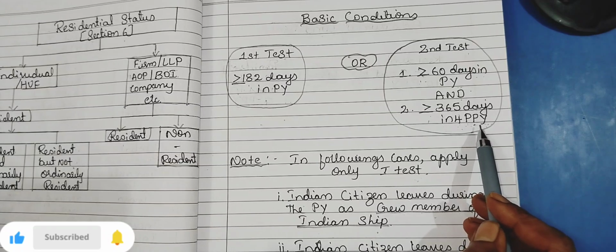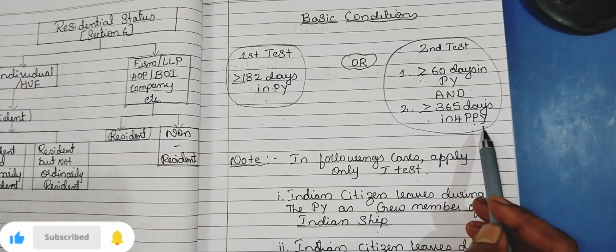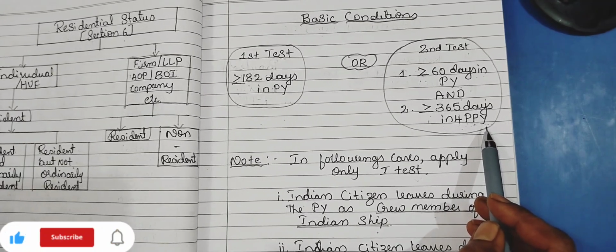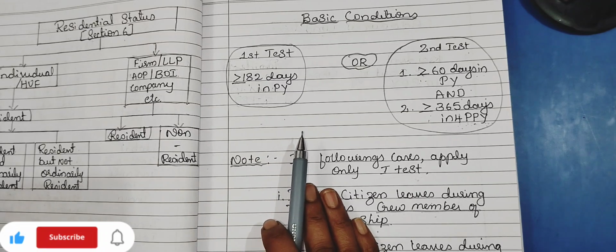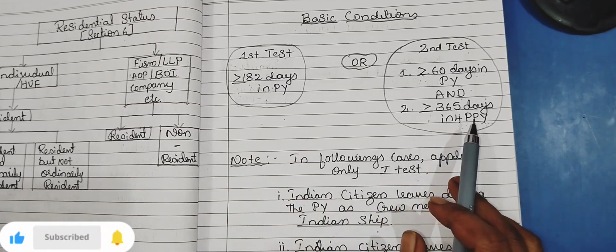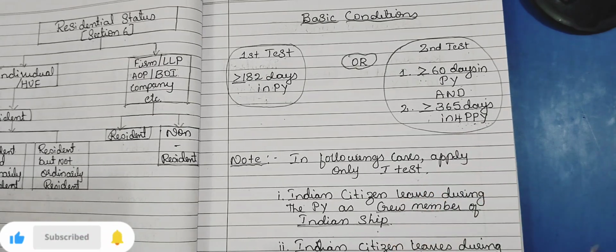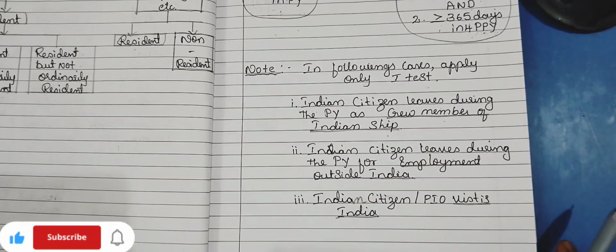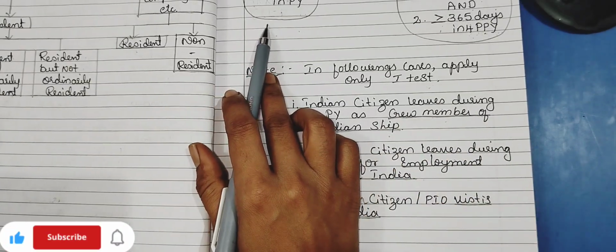Four preceding previous years means we check a long history, the past history, how many days he has stayed. See here, previous year means only the current status, the present. Preceding previous year means past status. We are going to check it out. Here, for some of the cases only the first test is applicable.